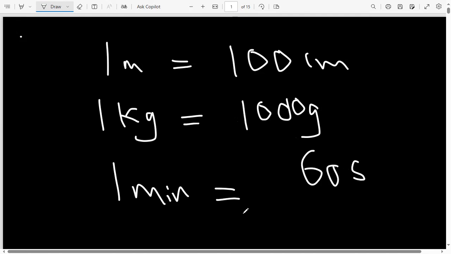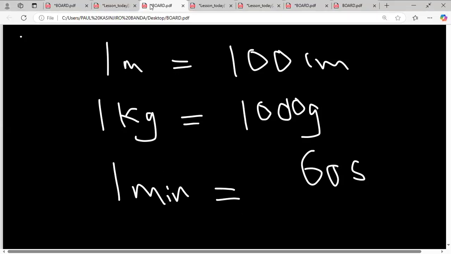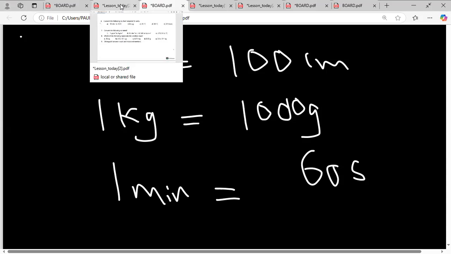These are some of the common conversion factors, and from the ones we know, we can come up with any conversion factor that will be needed in our discussion.